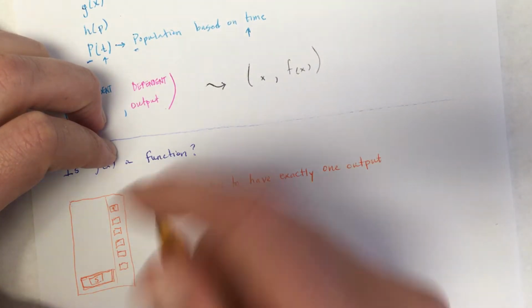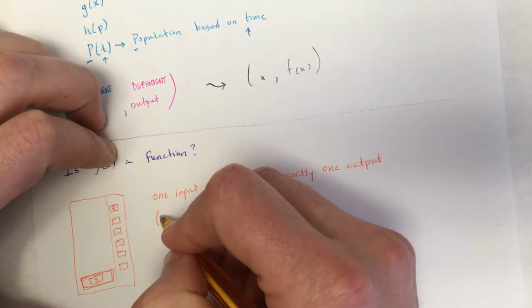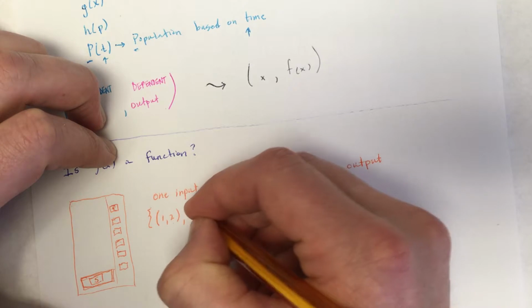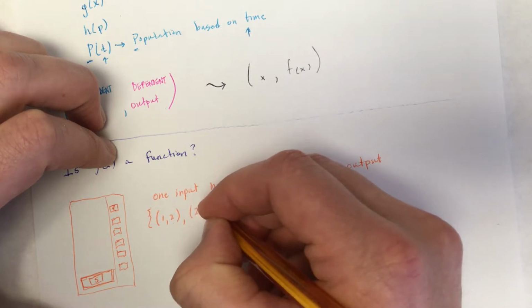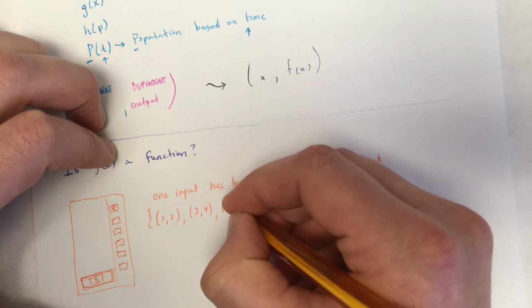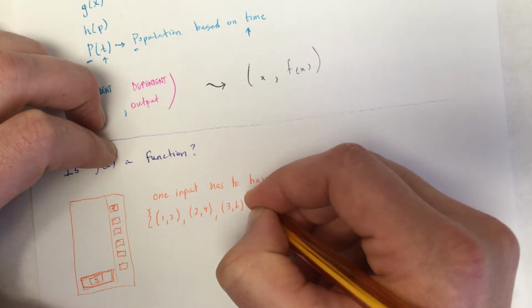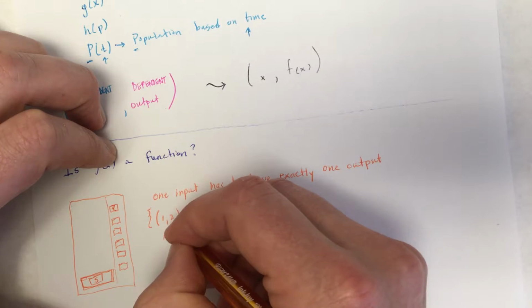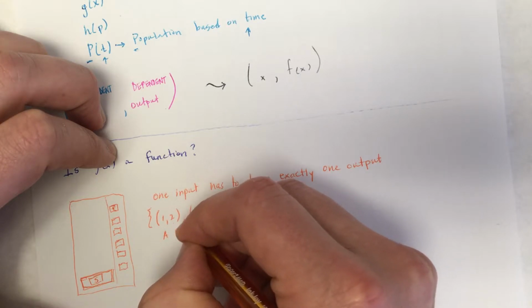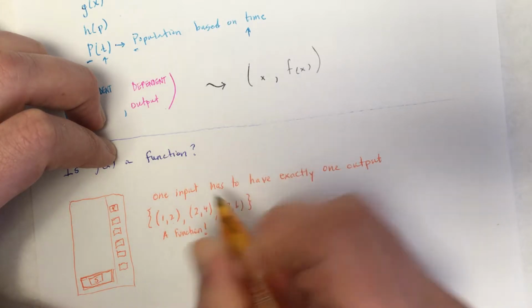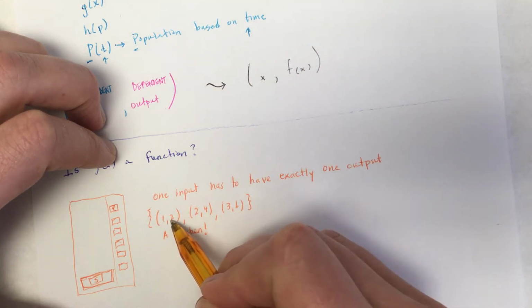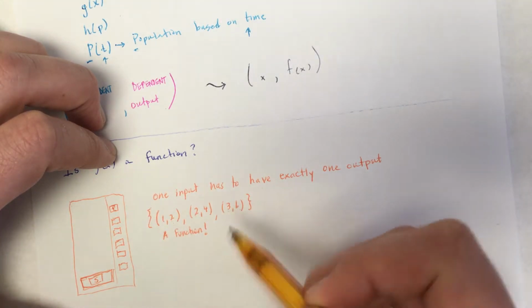And so you can see this in a couple different ways. Like they'll list out a set, let's just say (1, 2), (2, 4), (3, 6). They close this off. This would be considered a function. One input has to have exactly one output. Boom. So this input has one output, this input has one output, this input has one output.